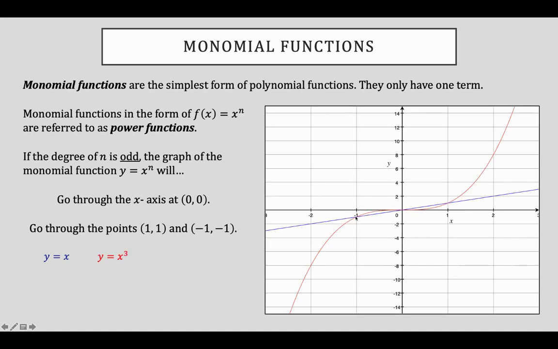Our next monomial power function of odd degree would be x cubed. And here is the graph of x cubed. Notice it goes through the origin as well, passes through the points 1, 1 and -1, -1. But outside of -1 and 1, the graph grows more quickly.